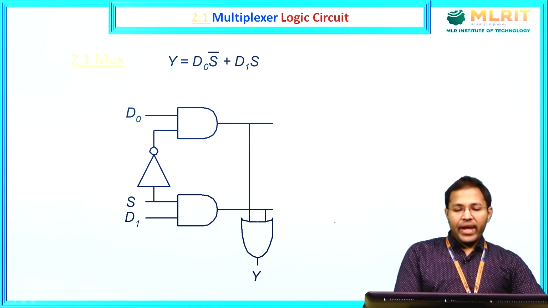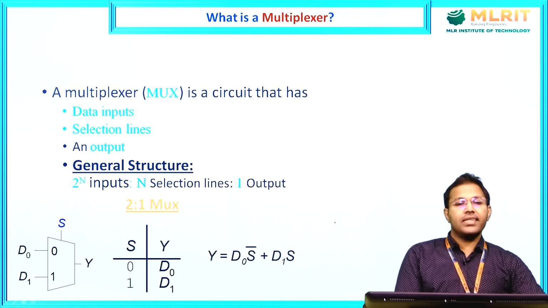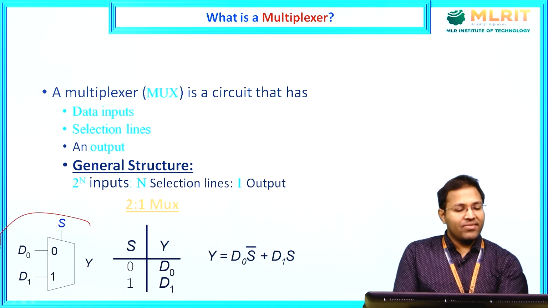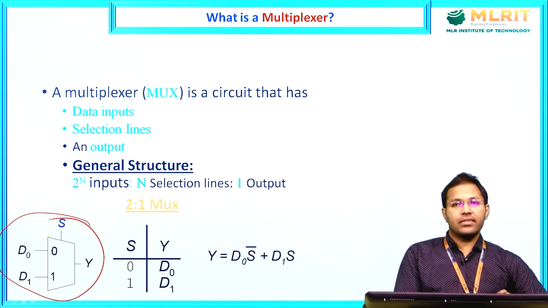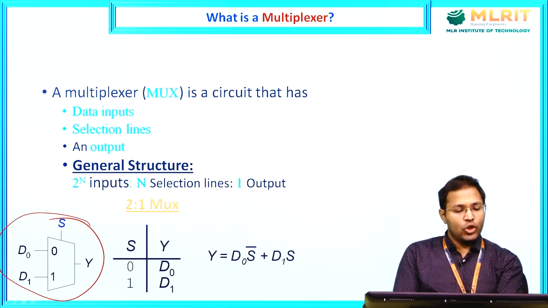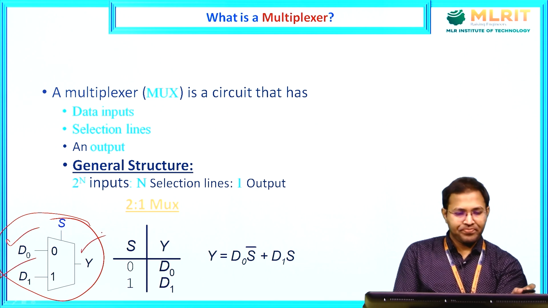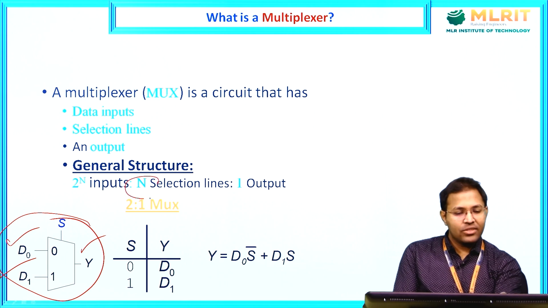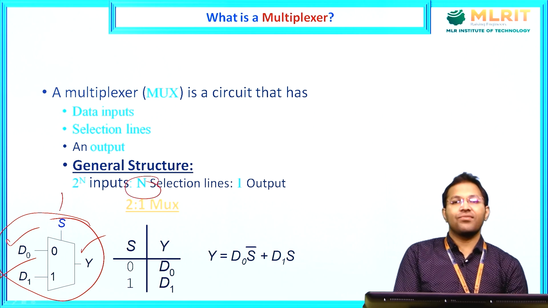Now let us go back and see the general pattern that we have seen here. The concept is very simple. 2 by 1 mux: 2 inputs, 1 output. In this case n is 1, so the number of selection lines is 1.